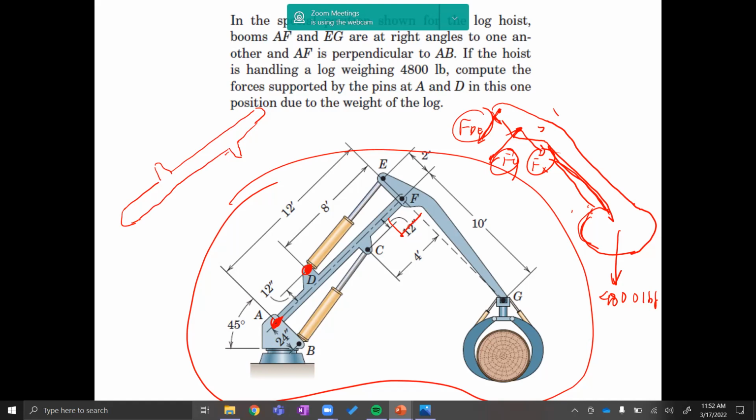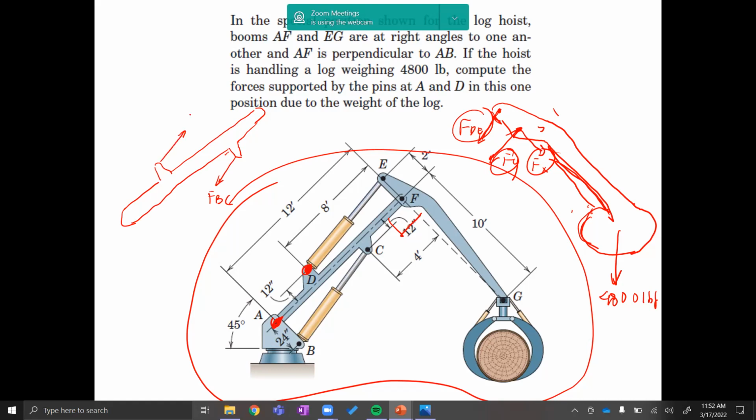Okay, what forces do we have there? We have C, the joint C. Okay, FBC then, right there. Yes, FBC. What else? FDE. We already know the value.